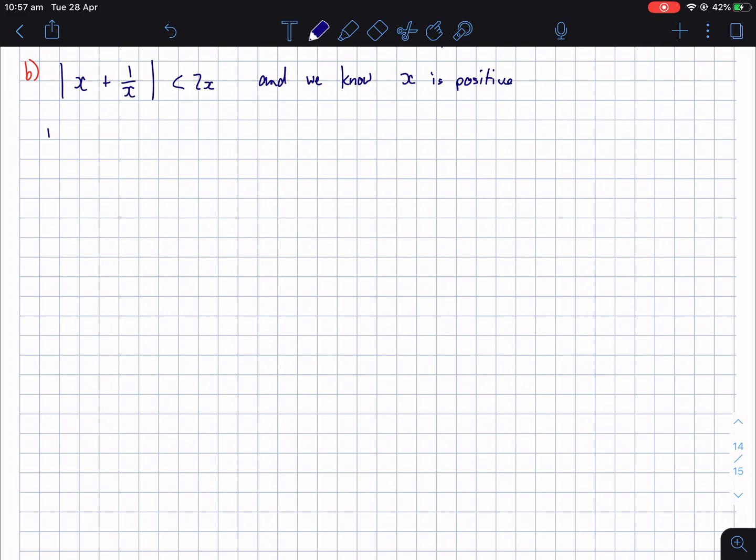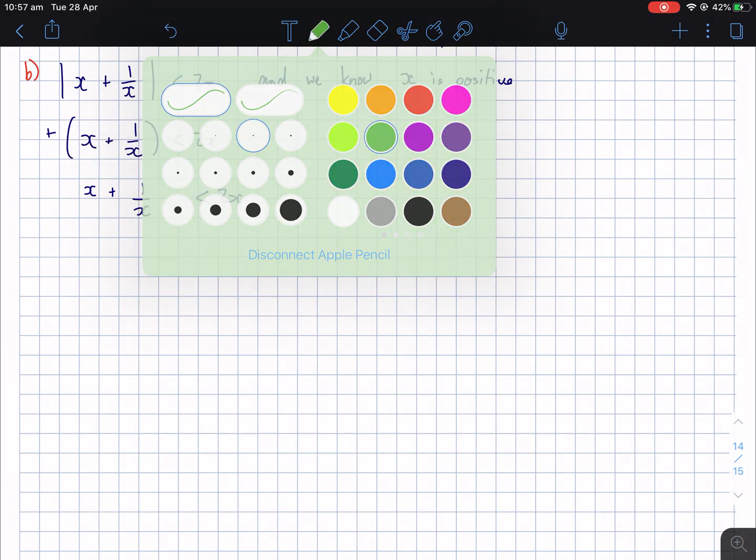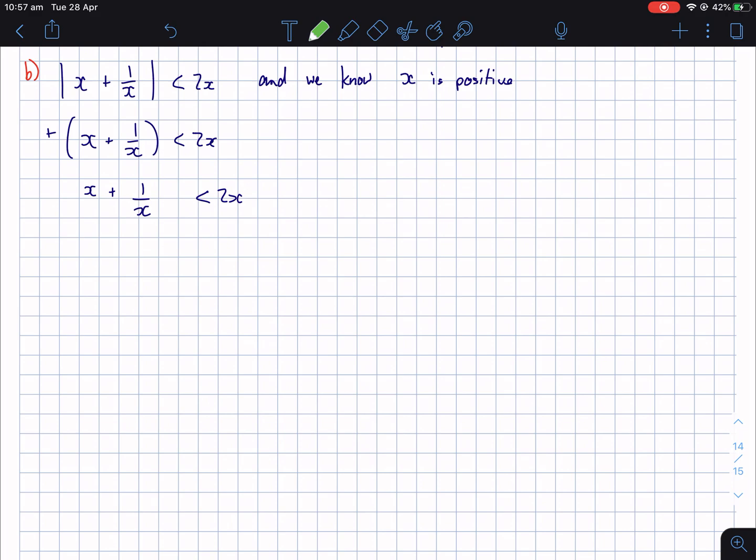So we just take the positive of x plus 1 on x is less than 2x. Also, because x is positive, I can multiply everything by x without having to worry about changing the signs. So I'm going to times everything by x.